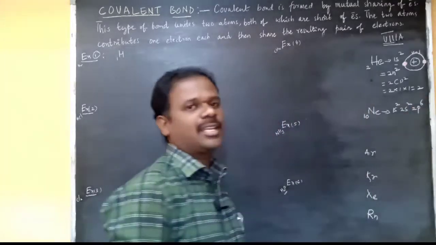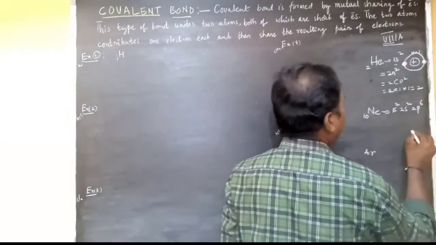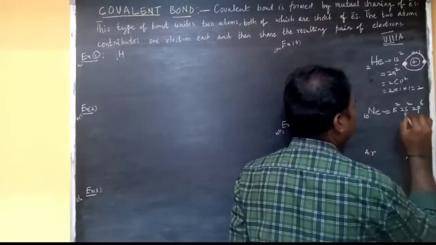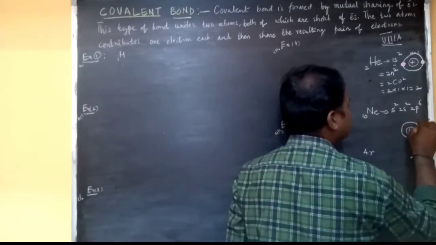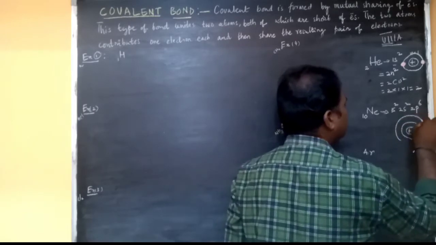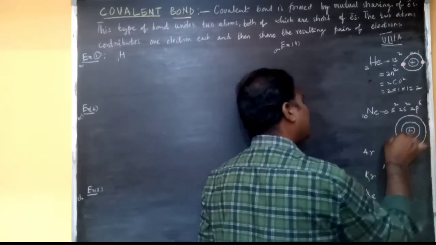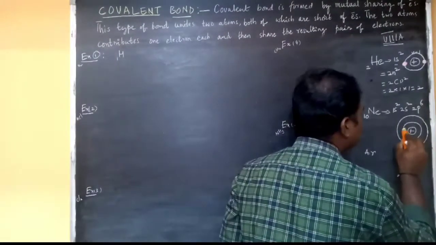We can write it like this. This is the nucleus of neon, and we have the first orbit and the second orbit. The total number of electrons in the first orbit is 2.